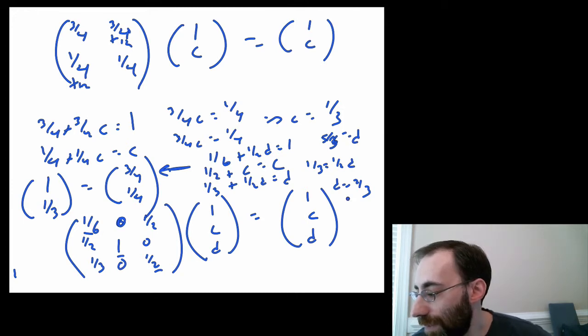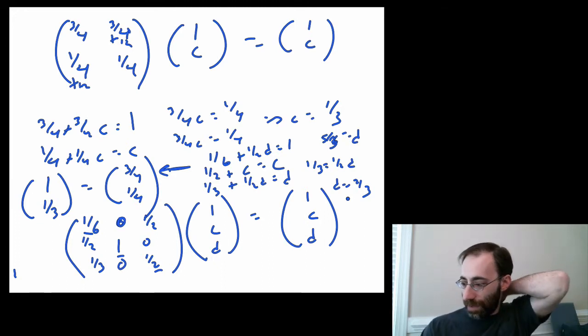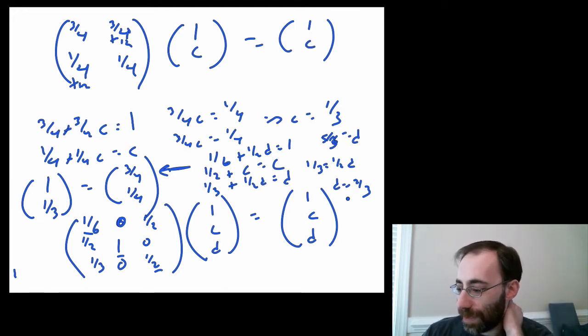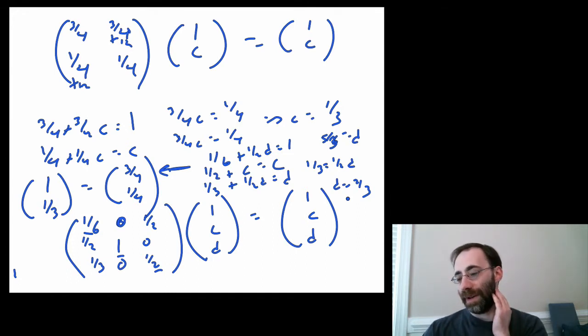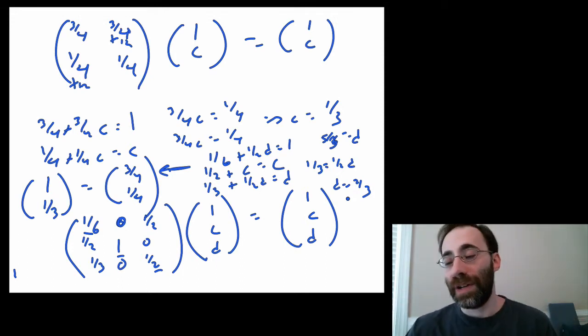And the first one, 1/6 plus 1/2 d equals 1. So 1/2 d equals 5/6. D equals 5/3. Ah, because you can't set the first one equal to 1. That's why. See, this is a great example of this. This does not work. You get contradictory results.